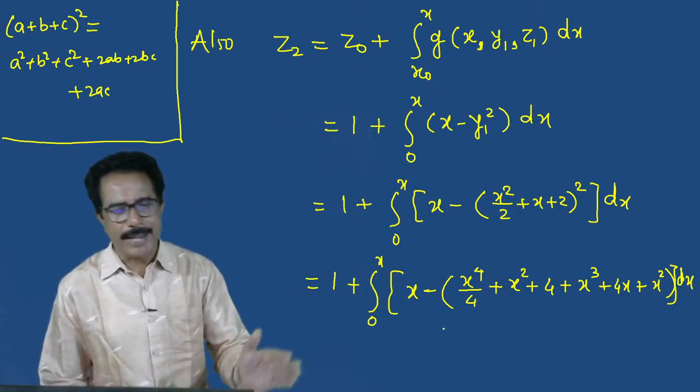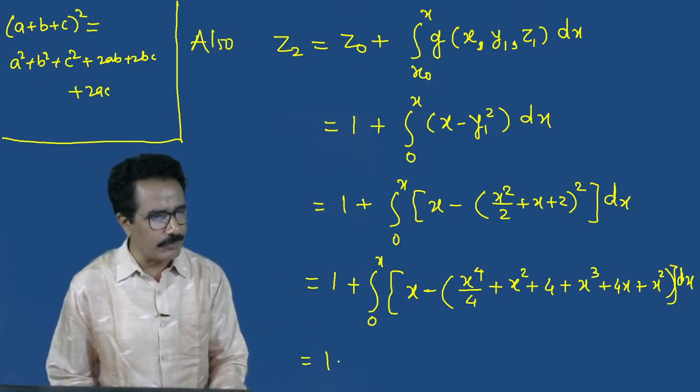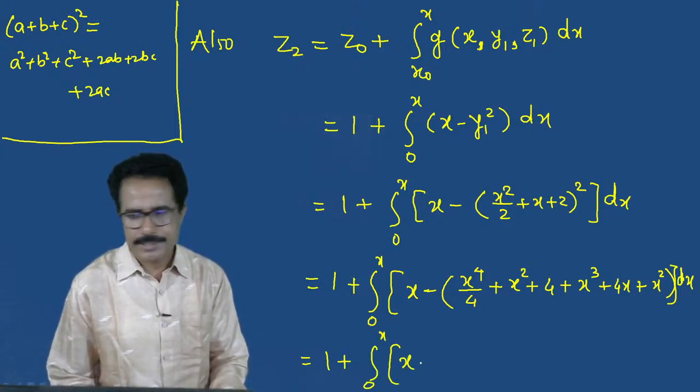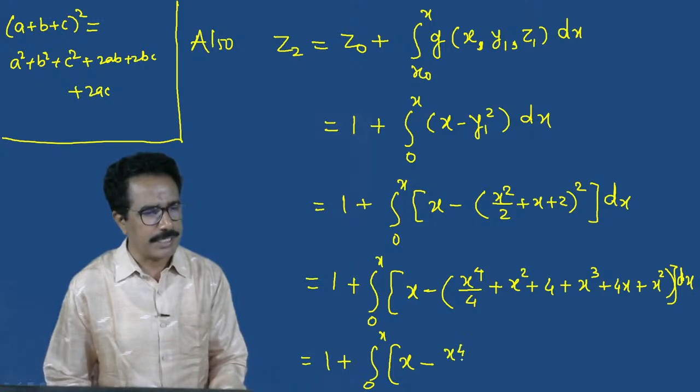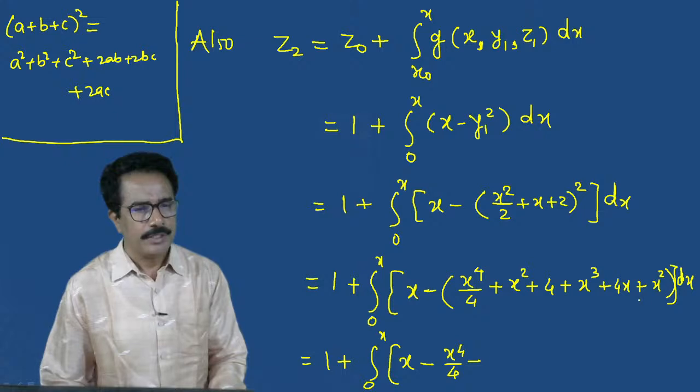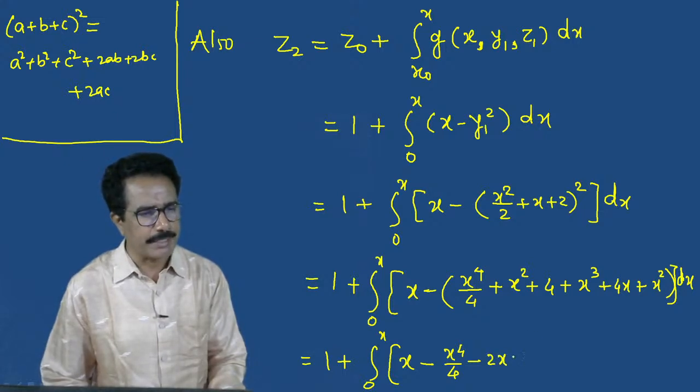Now multiply by minus this, then we will get 1 plus the integral from 0 to x of x minus x raised to 4 by 4 minus 2x square.